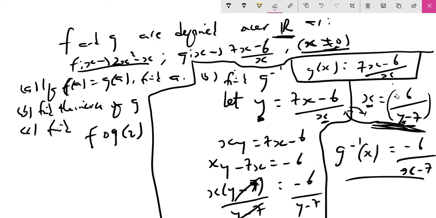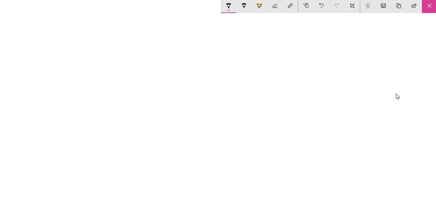In fact, let us actually solve more questions on that before I tackle the composite functions. So let us solve a little more on finding inverses. So again, we have f and g.